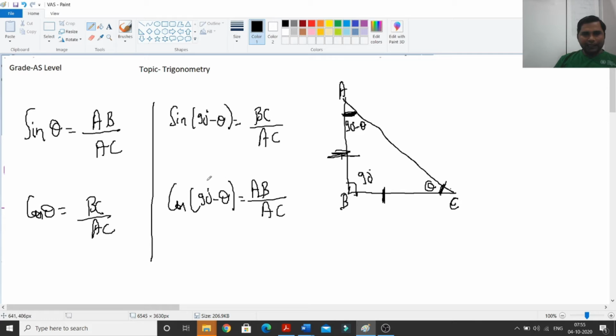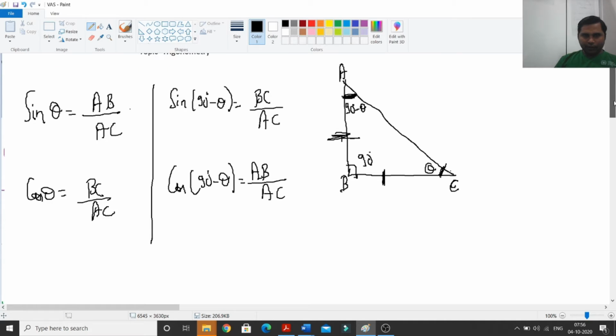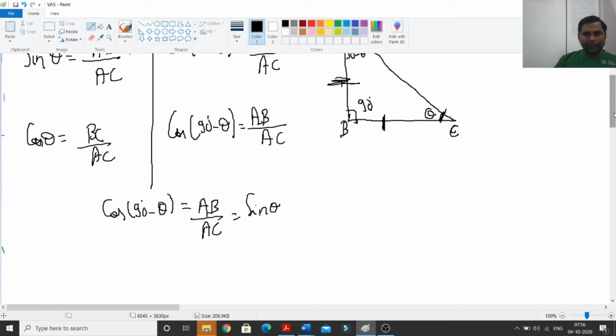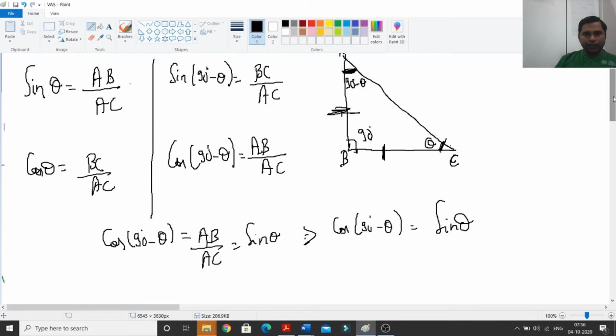So if you analyze this, you can see that AB over AC and AB over AC, can we say from here that cos 90 minus theta, which is AB over AC, is also equal to sin theta? This is the proof.